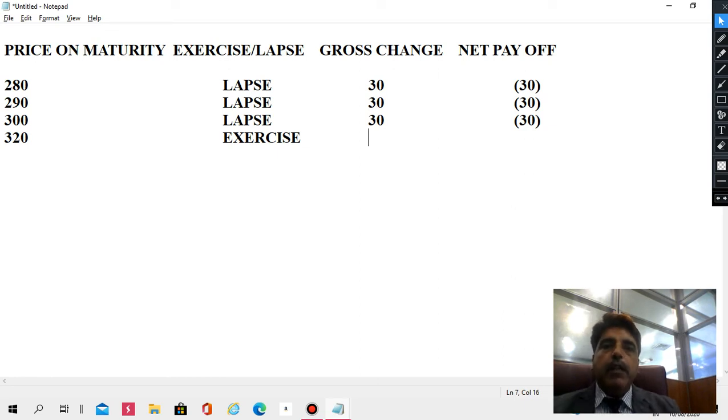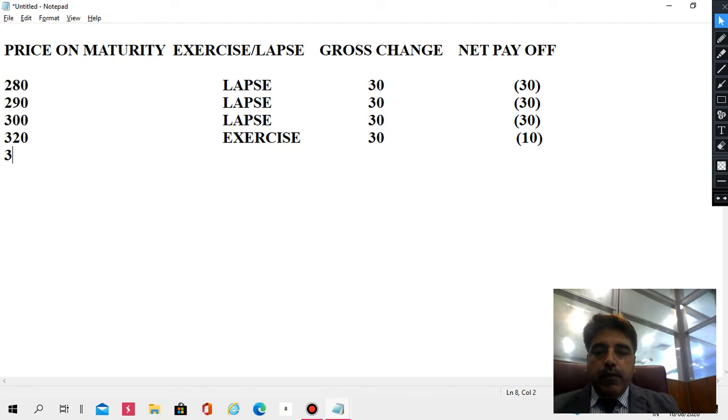He has to pay 30 rupees as the premium. Since the price has crossed 300 by 20, he earns 20 rupees. So the net payoff will be only rupees 10; the total loss will be rupees 10.